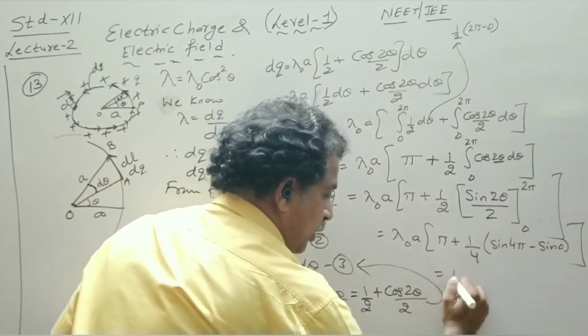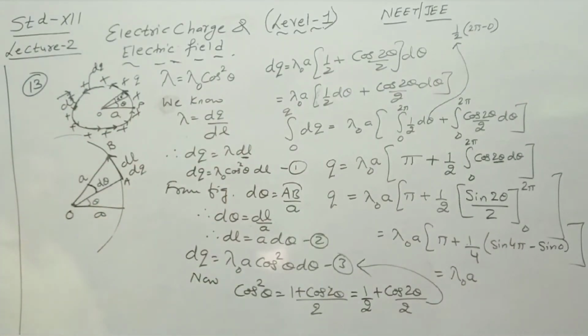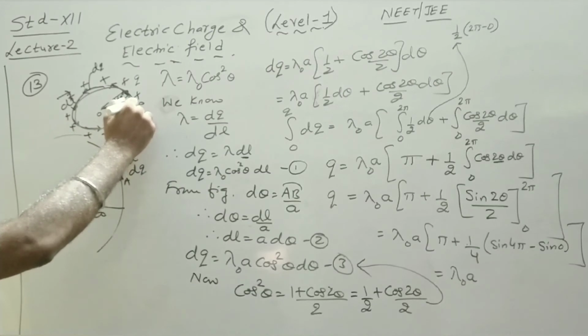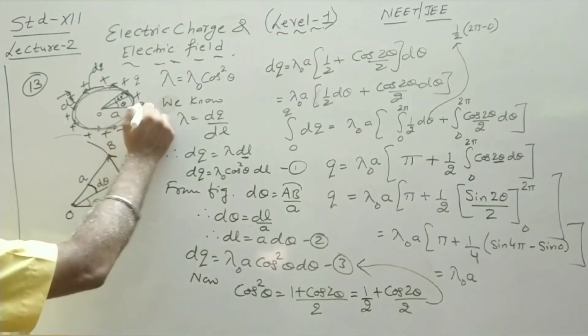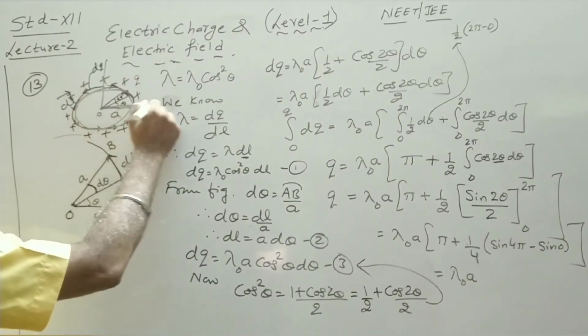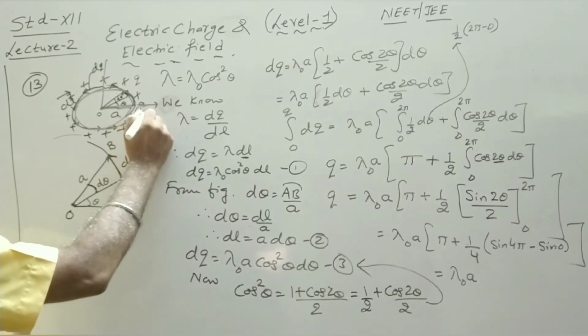Now sin 4 pi. If we complete one circle it is 2 pi, then I complete the second circle, that is 4 pi. If I take this as a unit circle, the coordinate comes out to be 1, 0.